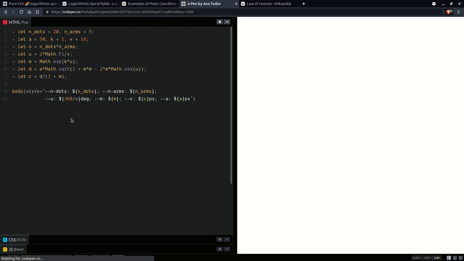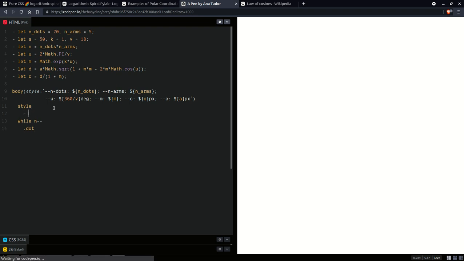Okay, now having done this, we are going to set a few things in a style element, but first let's create our dot elements.